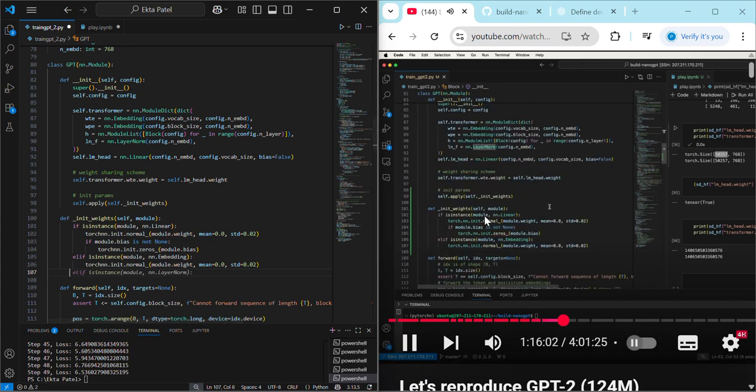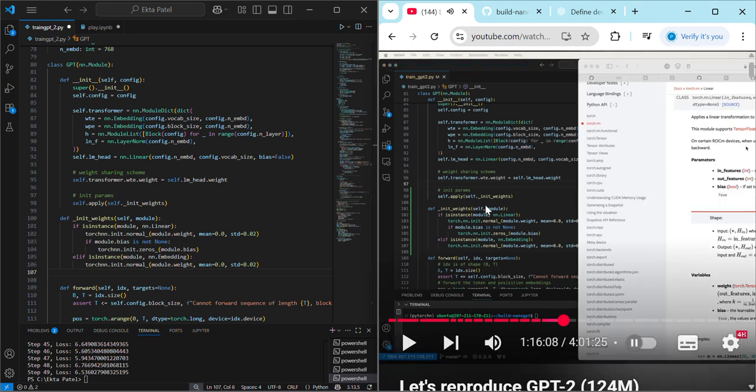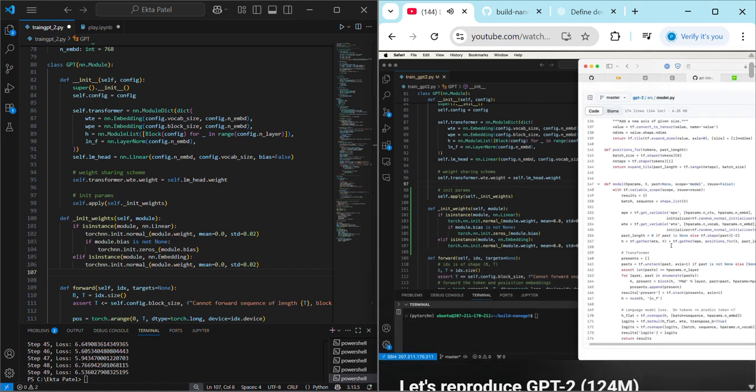So that's exactly what we want, and so we're just going to keep it that way. And so this is the default initialization if we are following the GPT-2 source code that they released.